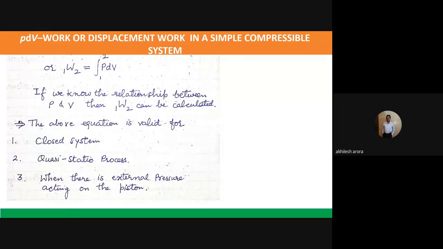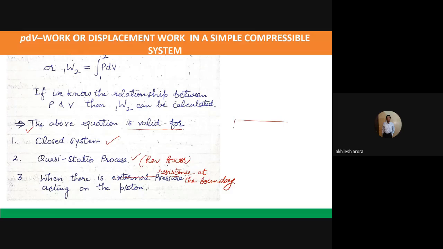Now, the above equation is valid for a closed system, one thing. Second thing is a quasi-static process, also called a reversible process. And it is valid when there is resistance at the boundary. Now, where is the resistance in this particular case?